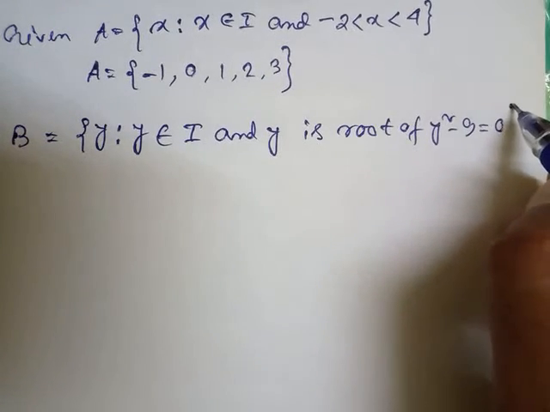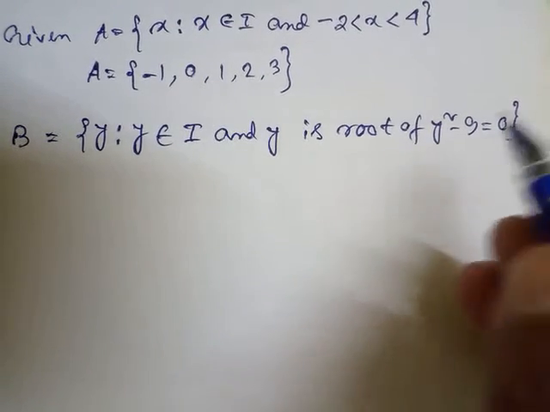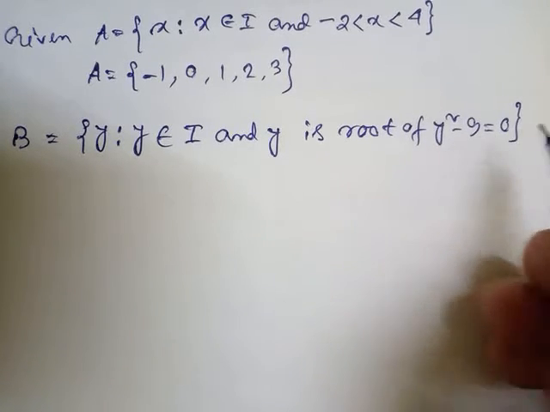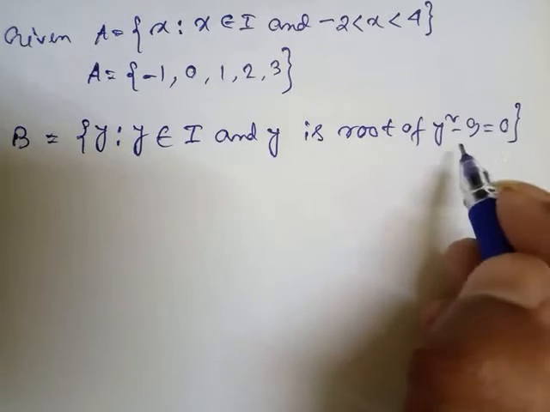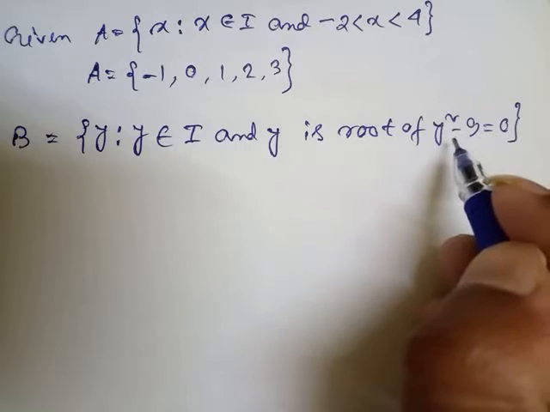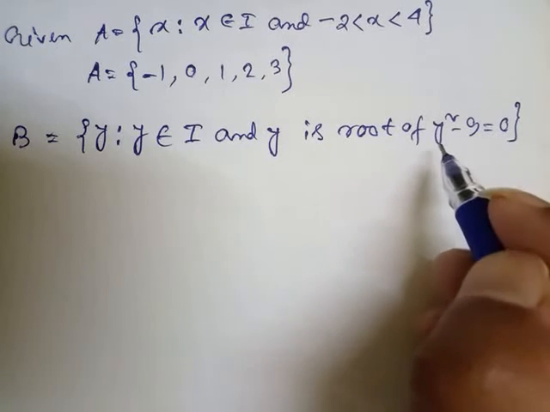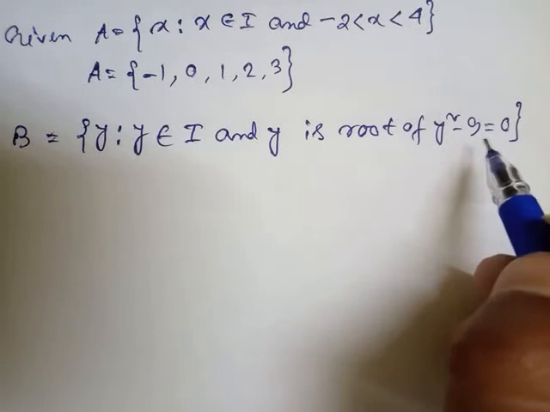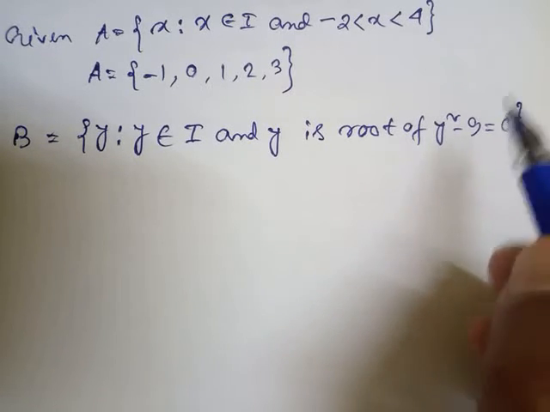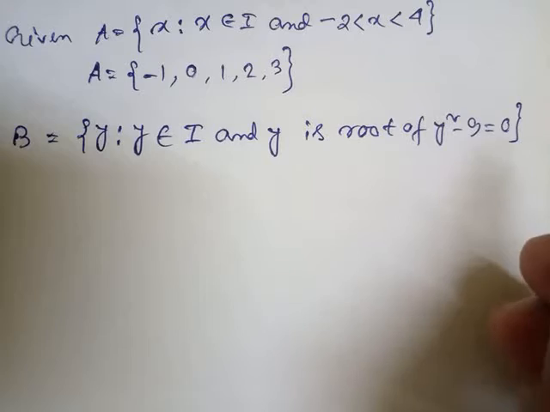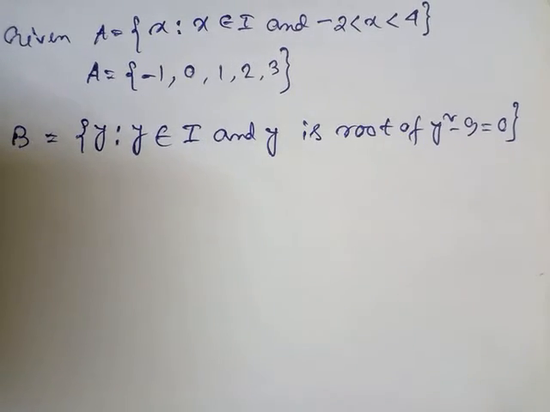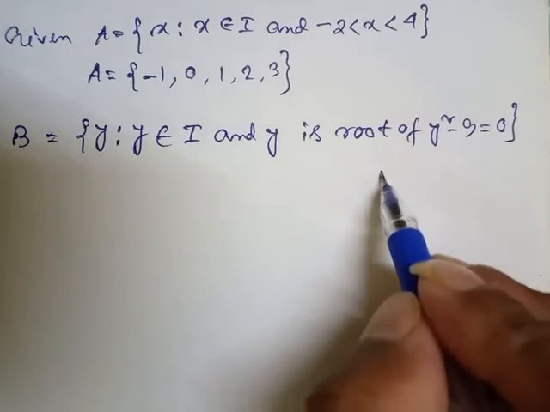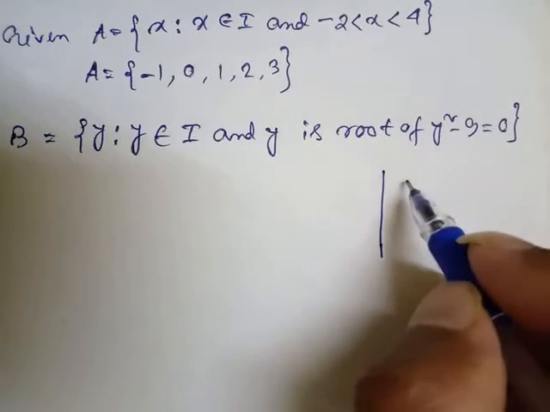Now if y square minus 9 equals 0, then y square equal to 9, then y equal to plus minus root over 9. 9 means 3 squared. So I am just solving this part here. This will be better for understanding.